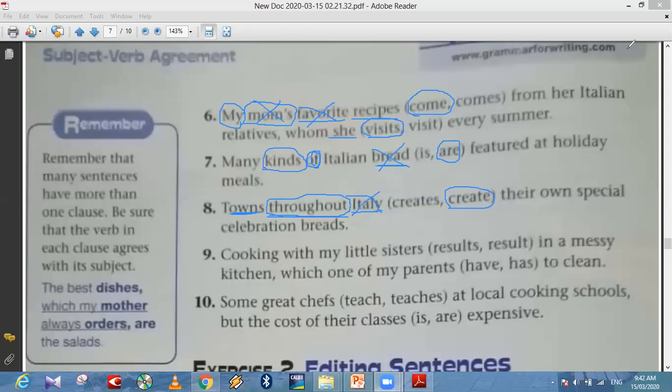Cooking with my little sisters result in a messy kitchen. Okay, what is the simple subject, Muhammad? Check it again, Muhammad. Cooking with my little sisters.